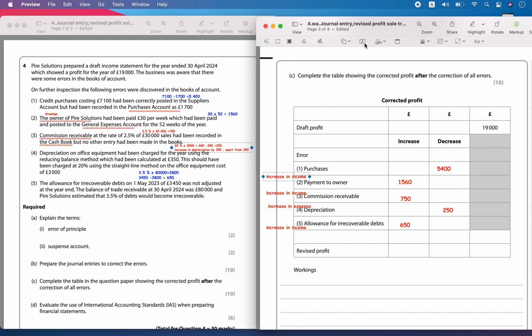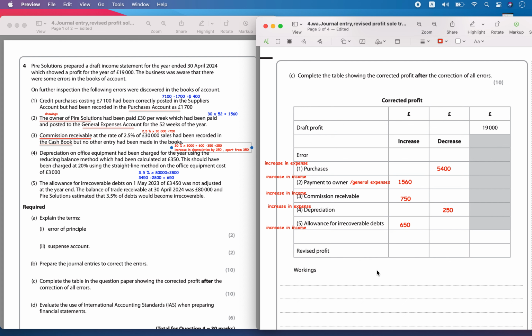Then purchases is an expense, so it is going to appear on the debit side. So this is how you can identify whether you have done it correctly or not.